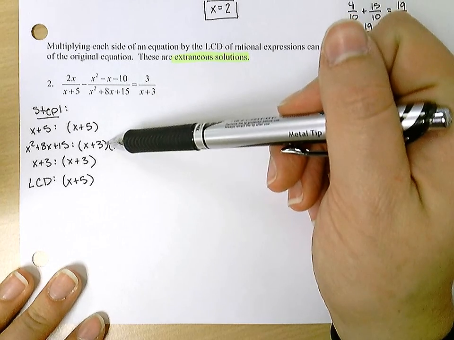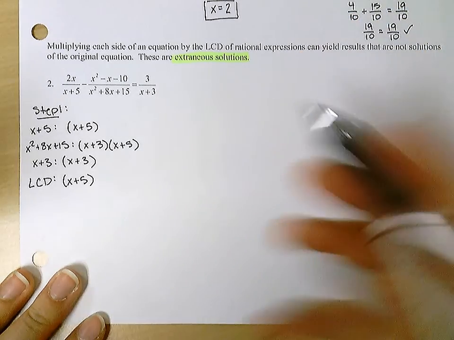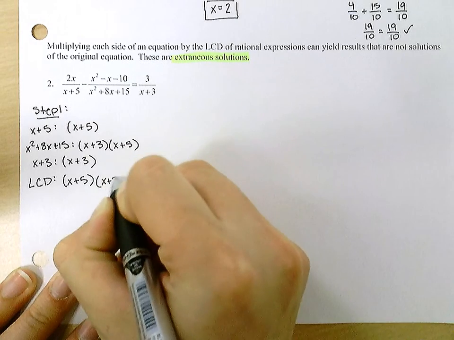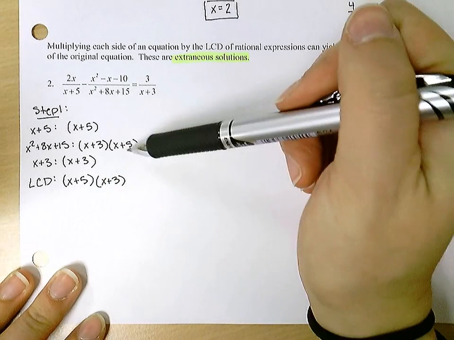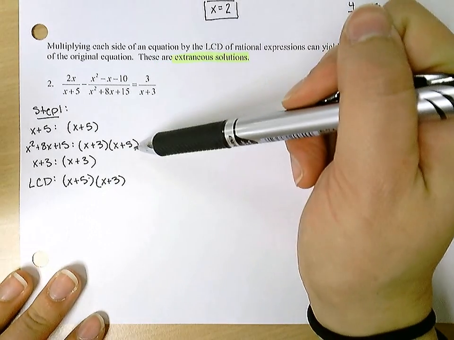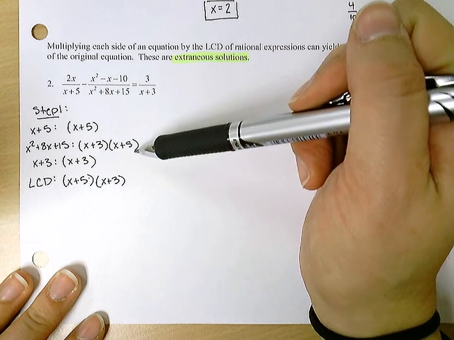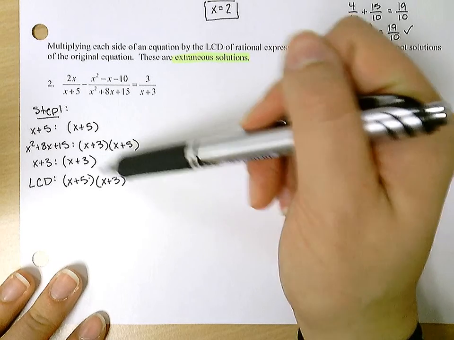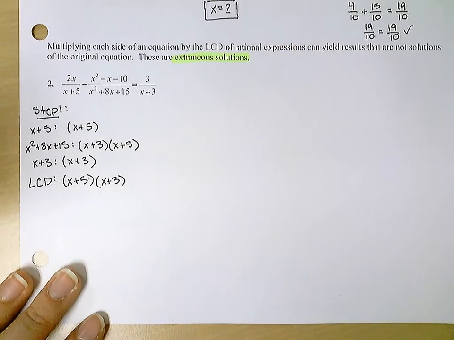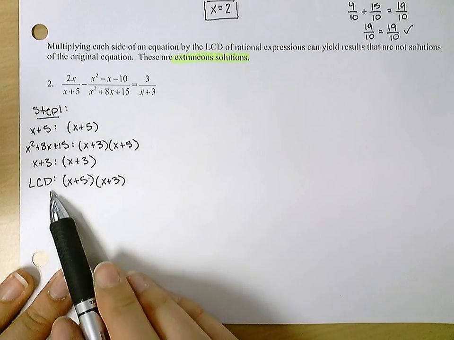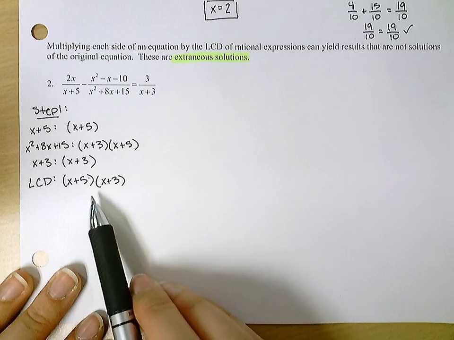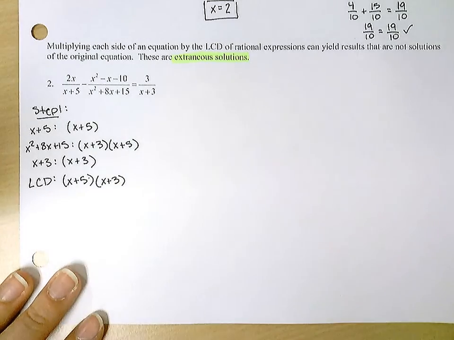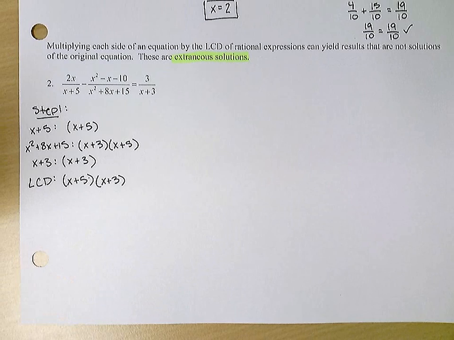I don't have an x plus 3 yet, so I do need to write that down. But I already have an x plus 5, so I don't need another one. For my last denominator, it is x plus 3. I already have an x plus 3, so I don't need to write it down again. So this is your least common denominator, and you're going to multiply each of your fractions by that least common denominator.